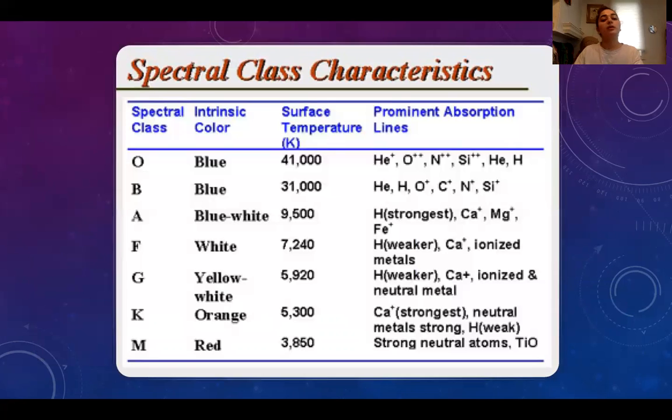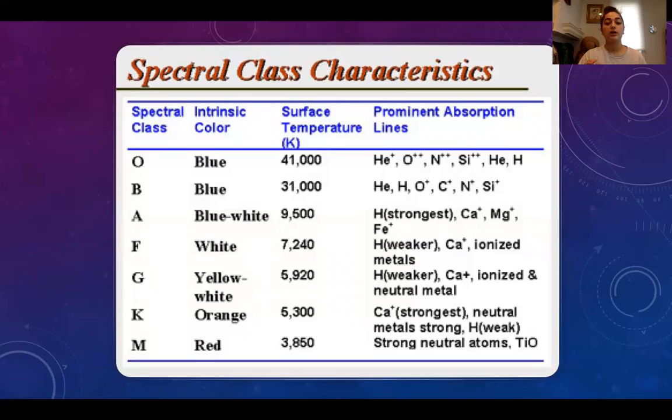So here's a picture of the characteristics of the spectral classes from O to M. Again, you can see the colors. From O, it has the bluest color, and M has the reddest color. And you can see their temperature start off from blue is 41,000 Kelvin, and to red is about 3,850 Kelvin.